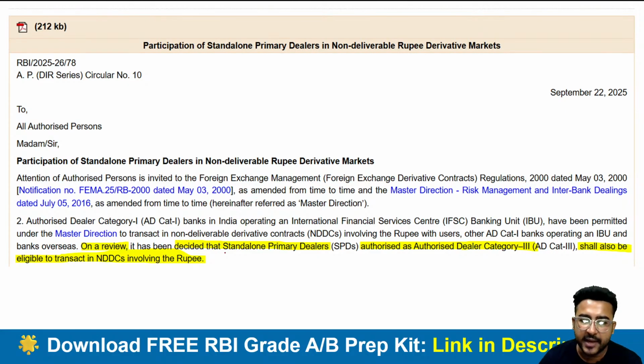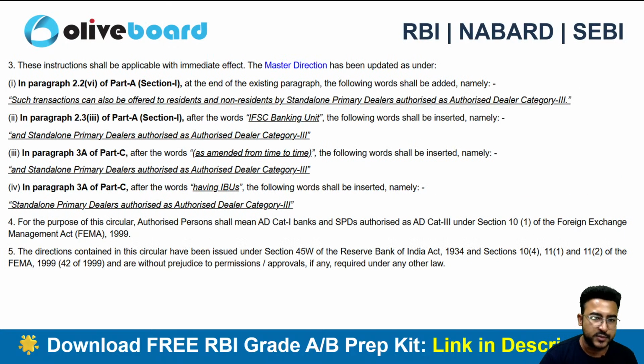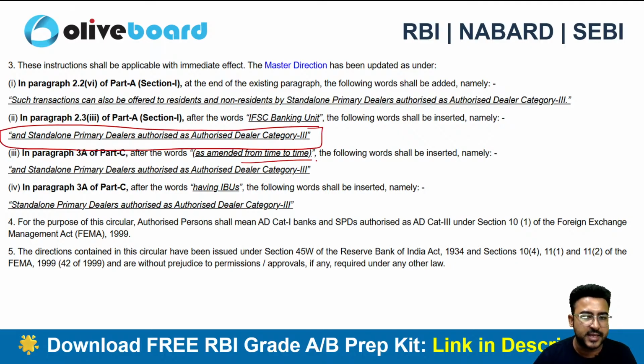Now standalone primary dealers of authorized category 3 are also allowed here, right? They are also eligible to transact in the non-deliverable rupee derivative market. It's just a quick update, like in most of the paras they have added category 3 as well. That's a quick update.